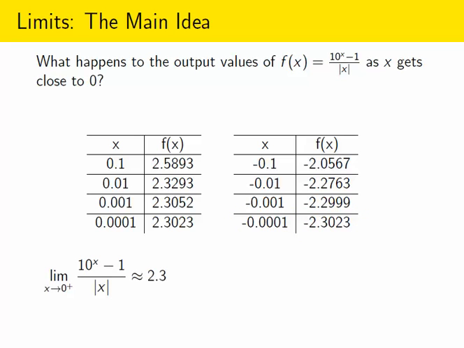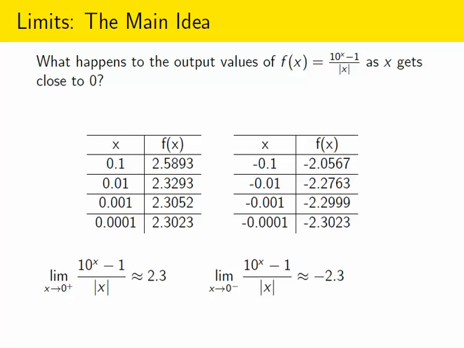The first notation expresses what we see on the left table, that as x gets closer and closer to 0, but only from the right side, and we indicate that with this little plus sign as a superscript. As x gets closer to 0 from the right, this quantity's outputs get closer and closer to 2.3.